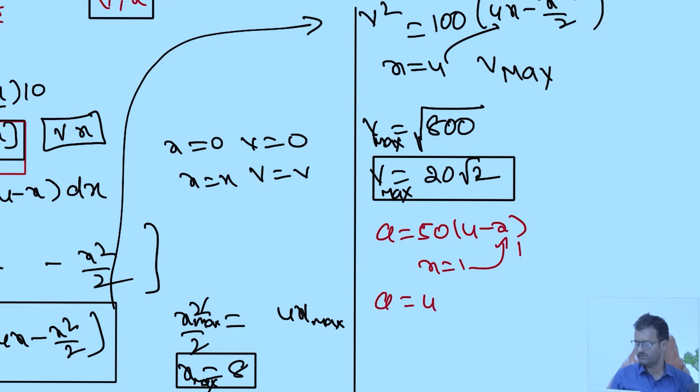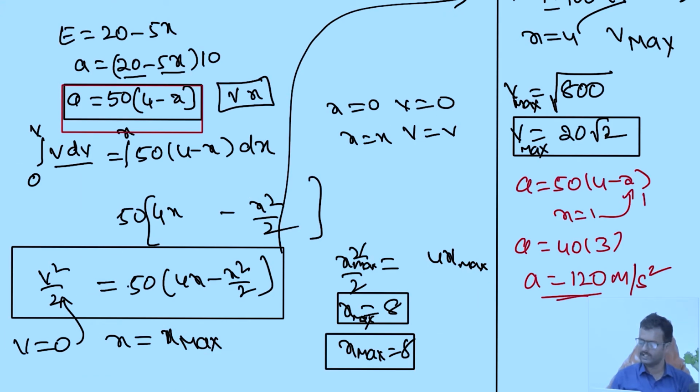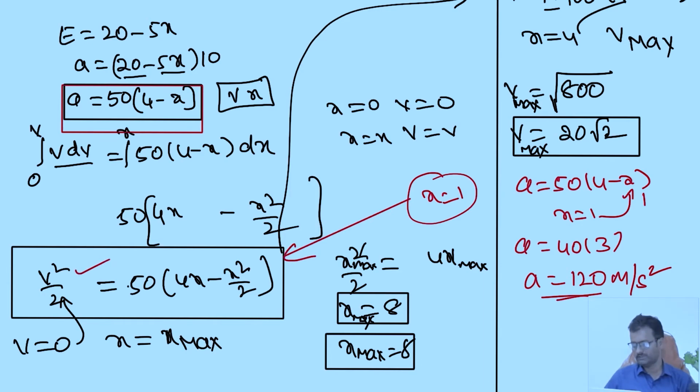So a is equal to 50 into 4 minus 1, that is 3. 3 into 40, that is 120. So that is 120 meter per second square. Suppose at x equal to 1, what is its velocity? Then substitute x equal to 1 in this equation, and we get the velocity.